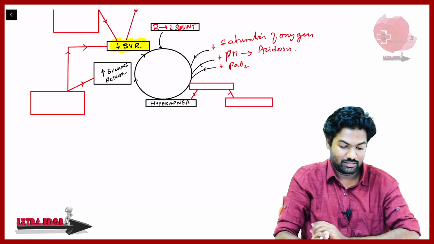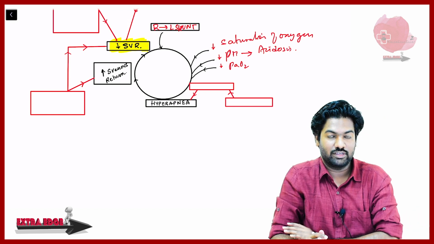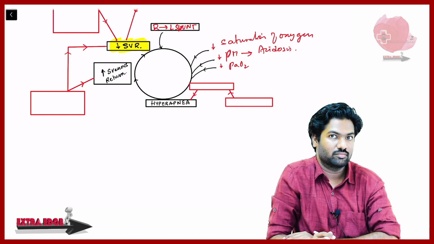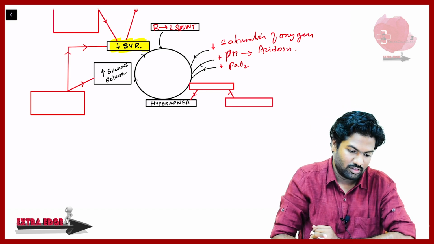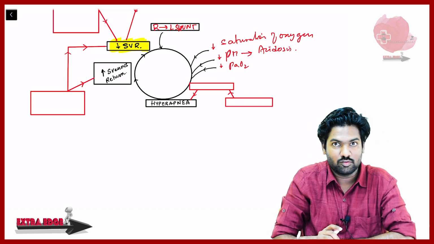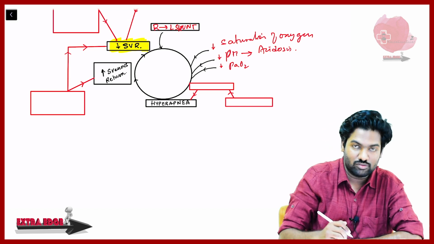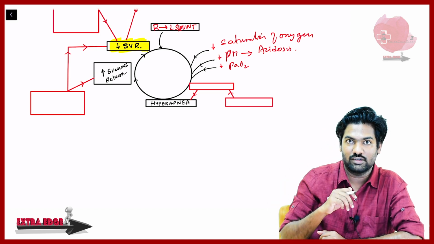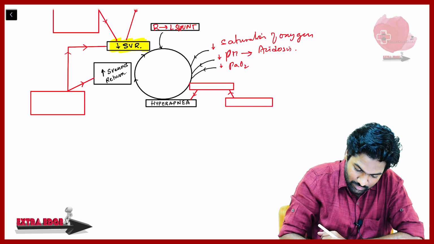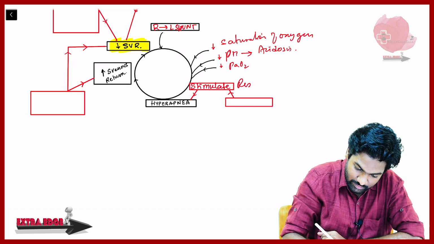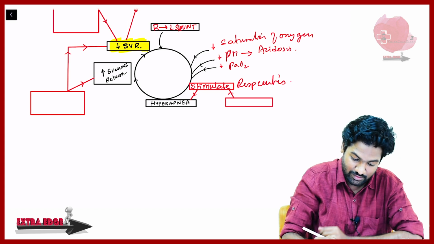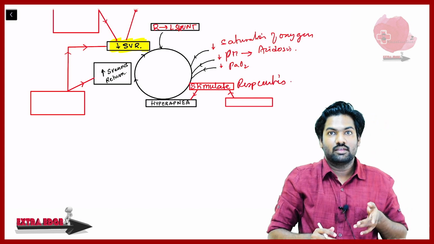Now once there is this drop in PaO2, what do you think the body will think? Body will start thinking, oh, this PaO2 has dropped, so what should I do? I should stimulate the centers, and it will stimulate the respiratory centers and cause hyperpnea.